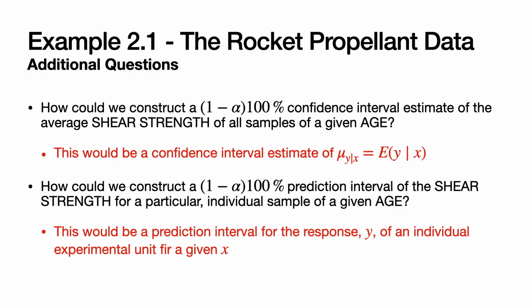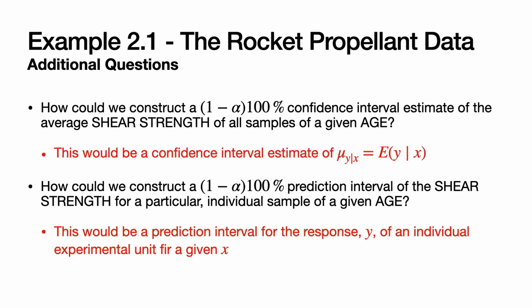Okay, here are some additional important questions. How could we construct a 1 minus alpha times 100% confidence interval estimate of the average shear strength of all samples of a given age? Now, this would be a confidence interval estimate of mu sub y given x, which is also the expected value of y given x.